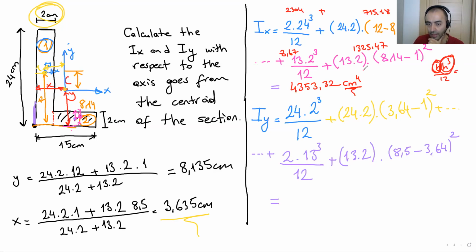Totally, this unit is length to the fourth power. Okay, we have this one. This is the Ix. Let's do it for the Iy. I'm going to calculate it this time. Next time, I'm going to write the equation and you can calculate it by yourself.